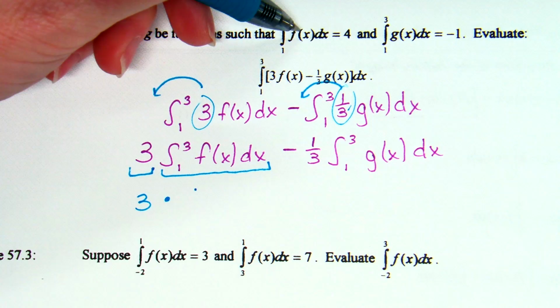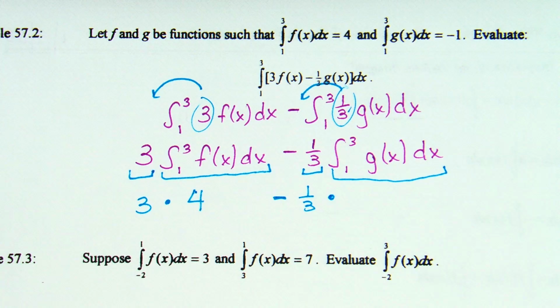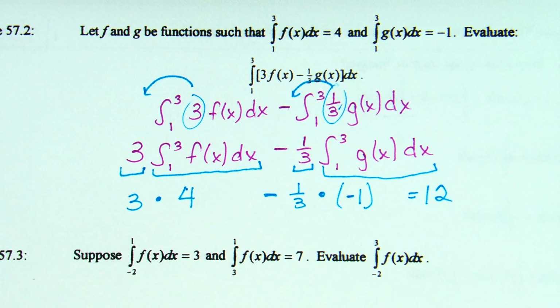Minus, then this next part we have 1/3 times, what is the integral from 1 to 3 of g of x dx equal to? -1 according to the directions. So 3 times 4 is 12, minus a third times negative 1.